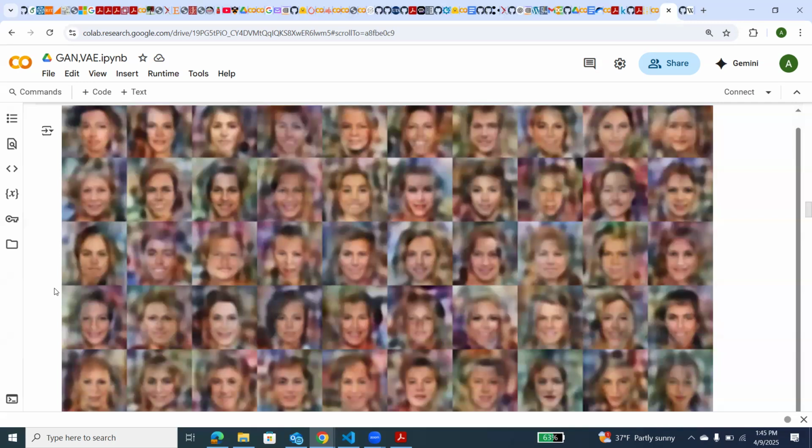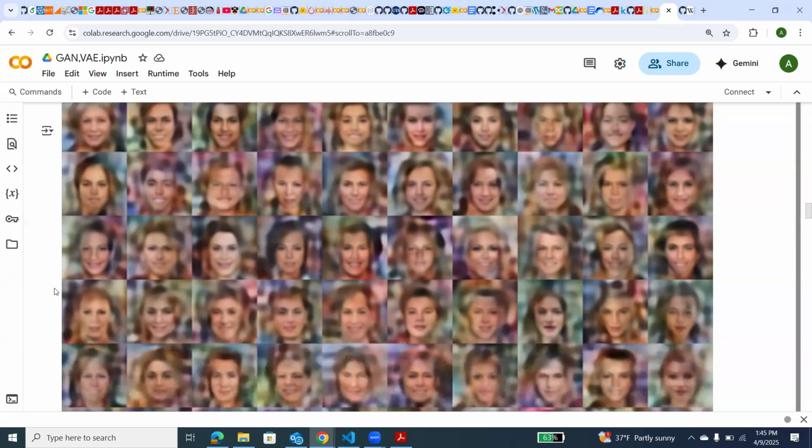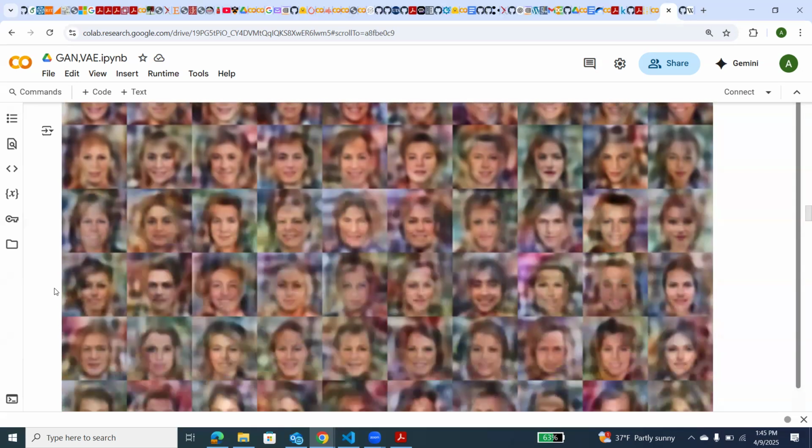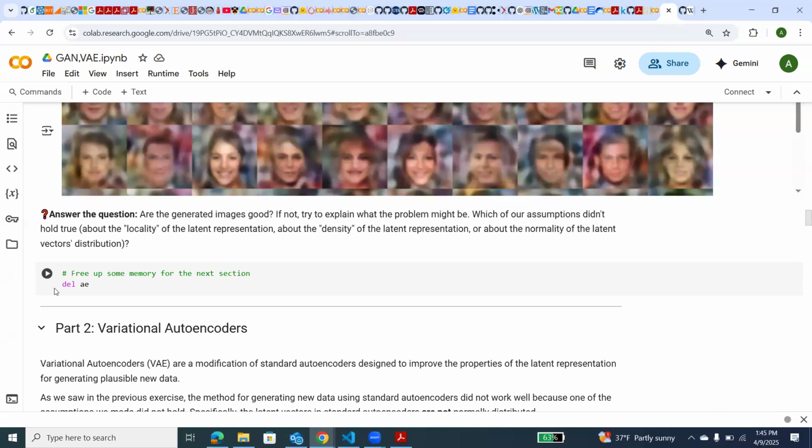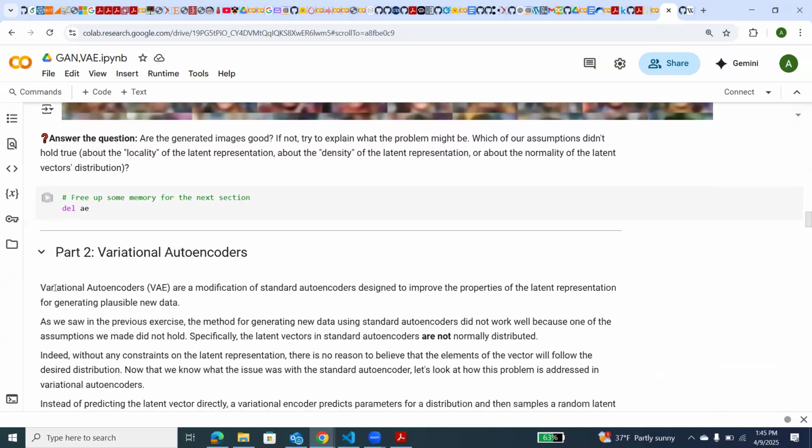Because in this data set faces were centered, when we calculate the mean, it will be common for all the faces. So you can see that the faces look not bad, but the background is not realistic. And of course, the problem with these images is our assumption that the latent space had a normal distribution.